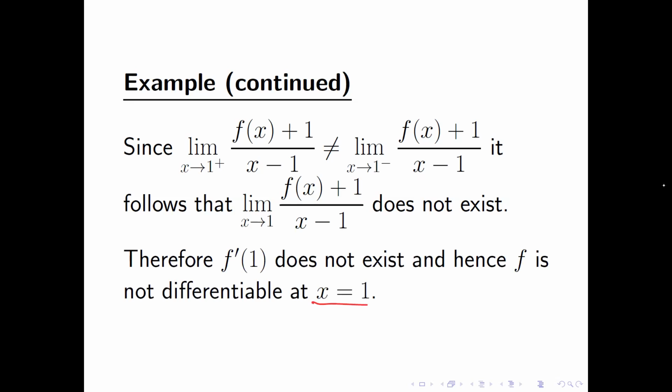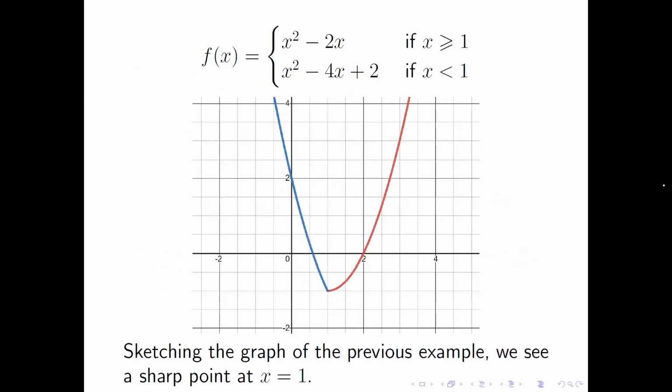But we saw that this function is continuous at this point. So it means that if a function is continuous at a point, it does not imply that the function will be differentiable at that specific point. It might be continuous, but not differentiable. And we have seen this from this example.